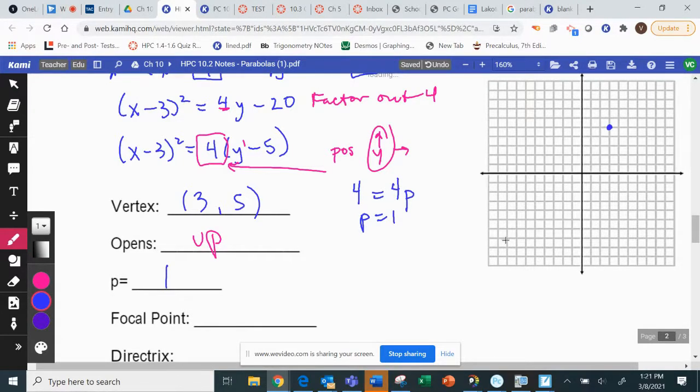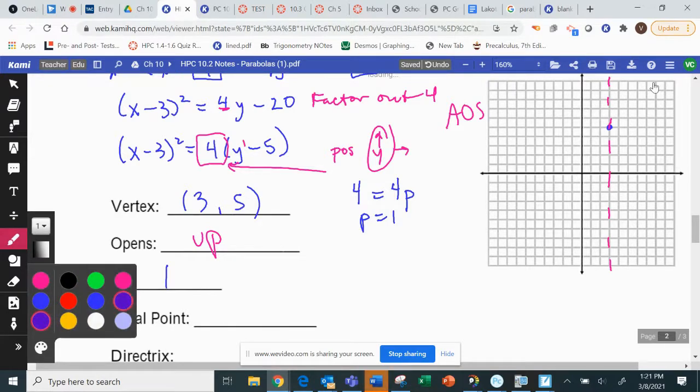It opens up. So one thing I'm going to throw in there that isn't in this list of stuff is your axis of symmetry. I'm putting it in there because if we find other points, we know they mirror around this line. So I just graphed my axis of symmetry real fast for fun.